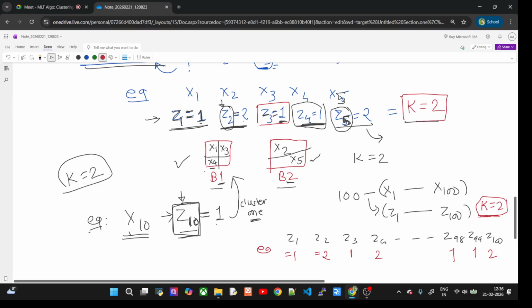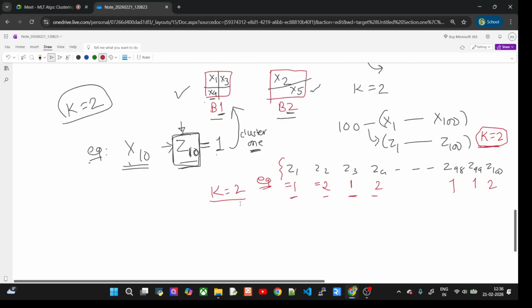So though you have z1 till z100, you have only the value of 1 or 2, because k is equal to 2 here. We have only two clusters, and it asks us to put the data points into two clusters only. So when you have the cluster indicators z1, z2 till zn, the values will go from 1 to k only.